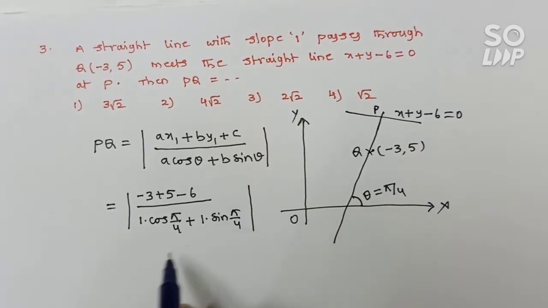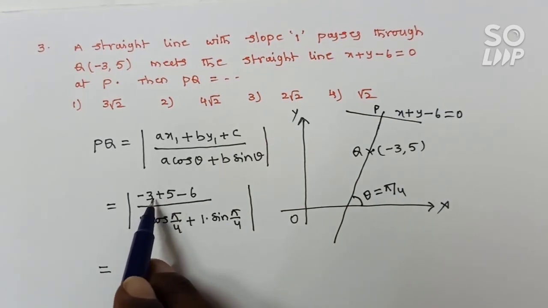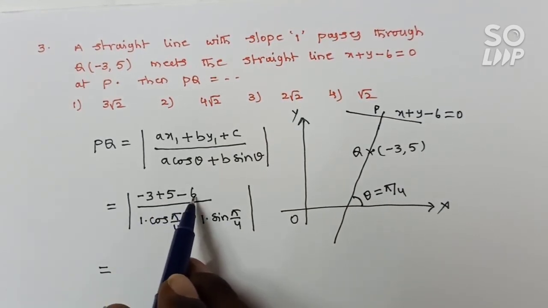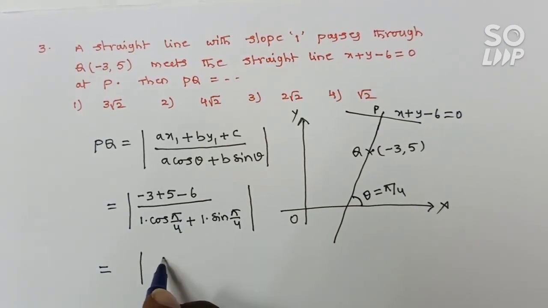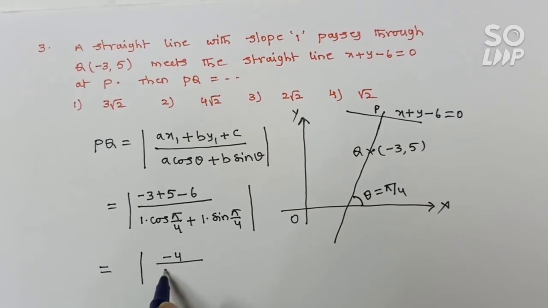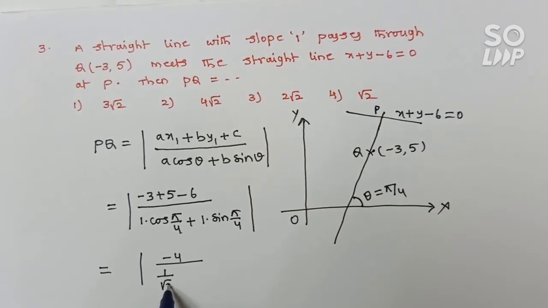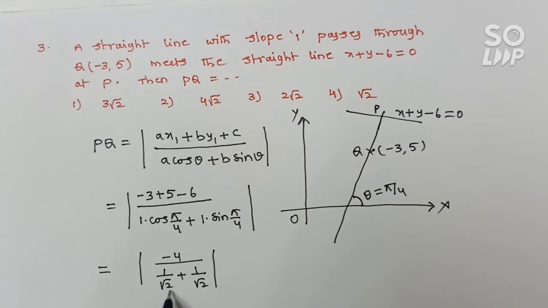Simplifying, 5 minus 3 is 2, 2 minus 6 is minus 4. So modulus of minus 4 whole divided by 1 by root 2 plus 1 by root 2, which is 2 by root 2.